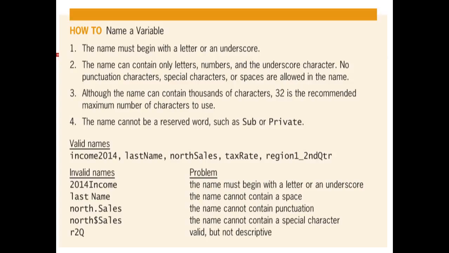And also there should not be any spaces in a variable name. If anybody wants thousands of characters in a variable, that still can be done, but generally the recommended maximum is 32, not more than that. I don't know why anybody would want more characters than that, but you still can do it.